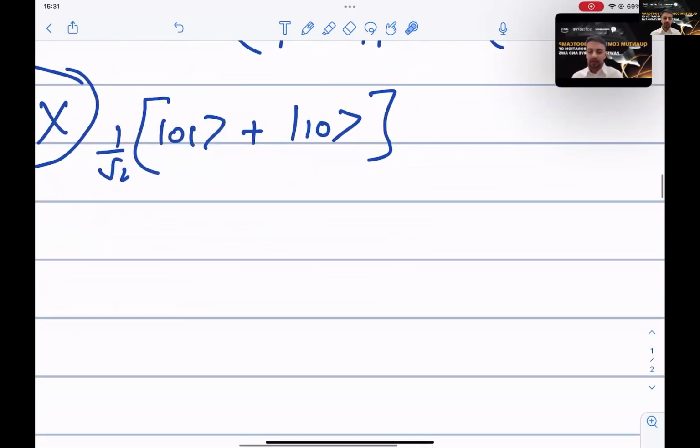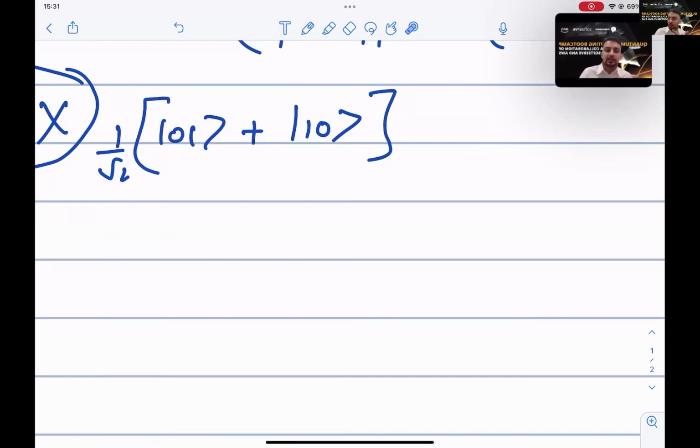So one is conditioned on the other, which means that if I know the state of the first qubit, if I knew that it's 0, then the second qubit is simply the bit flip of the first qubit, which is 1. And if I know that the state of the first qubit is 1, then I don't need to know the state of the second qubit.